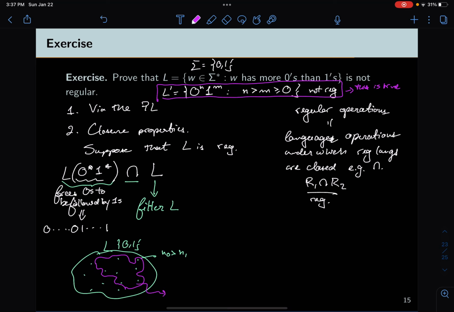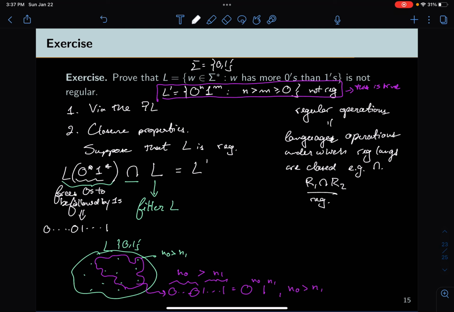This region will be the strings that look like zeros and then ones, and where the number of zeros is strictly greater than the number of ones. In other words, strings of the form 0^n0 1^n1 where n0 is strictly greater than n1. This is exactly the language we were looking for. This turns out to be exactly L'.